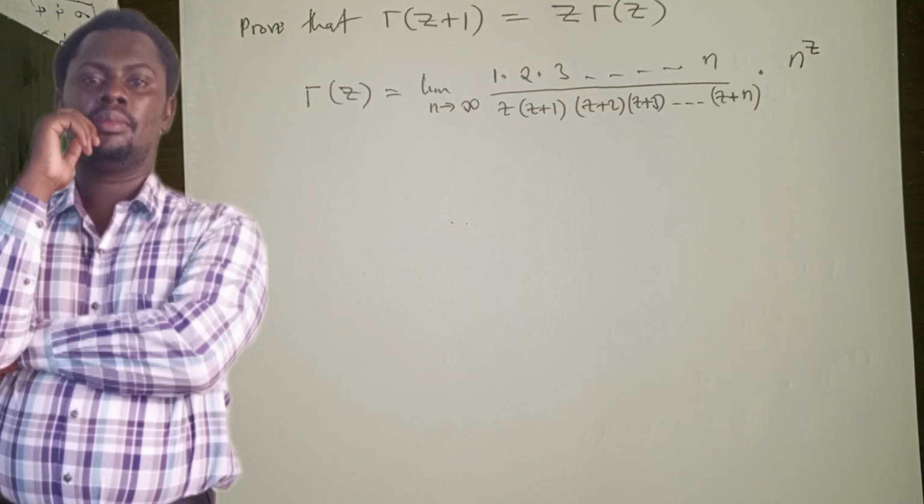But what we have is gamma of z plus 1. So what we can do is let z be z plus 1.